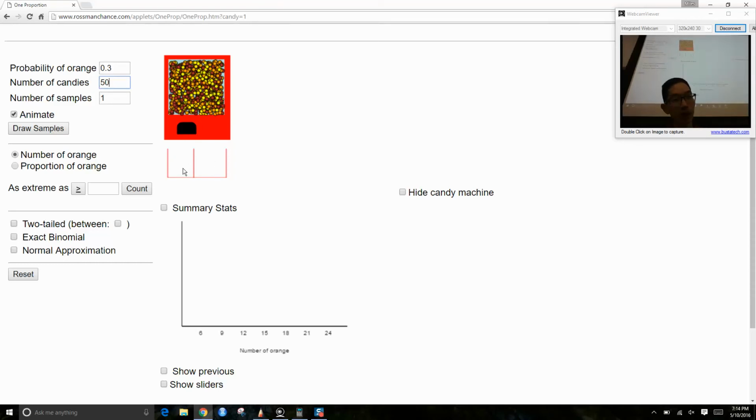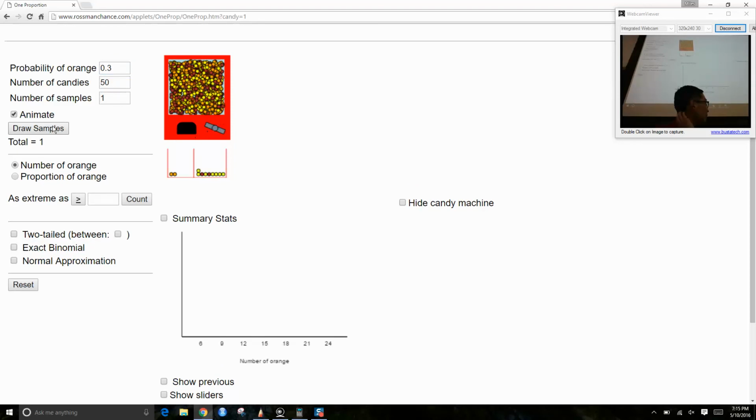What we're interested in is the proportion of candies that are orange. I'm going to draw out 50 pieces of candy, and it says the probability of orange is 0.3. So if we were to look into this machine and count exactly how many are orange, it would be 30% orange. The simulation is running.